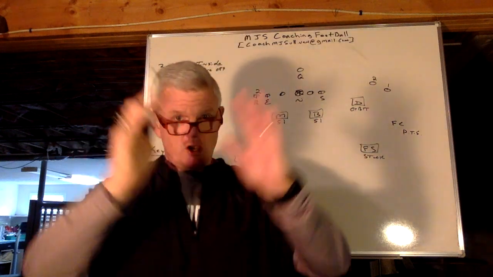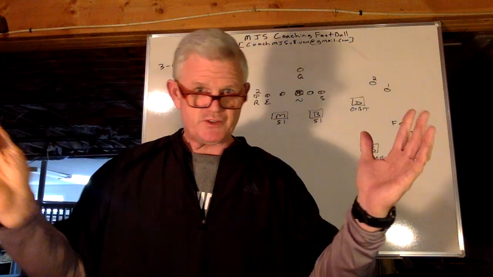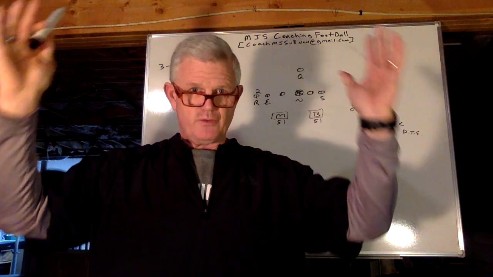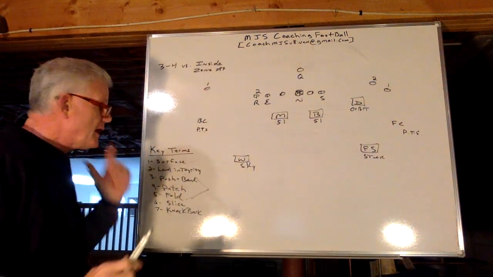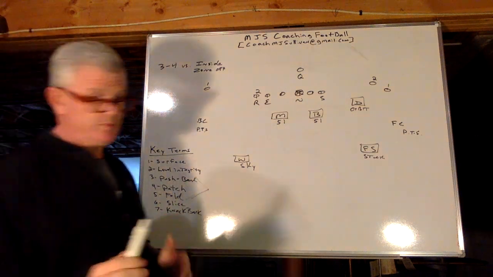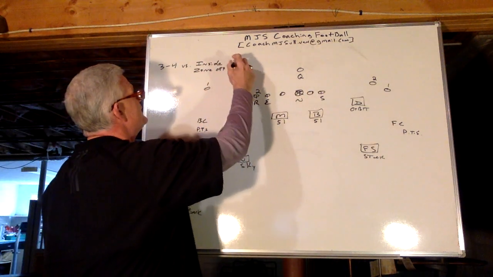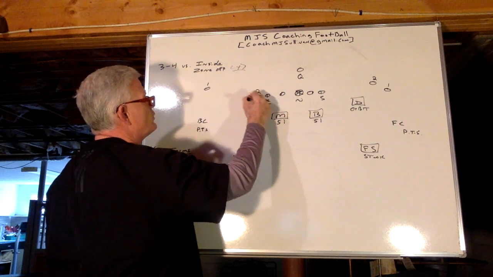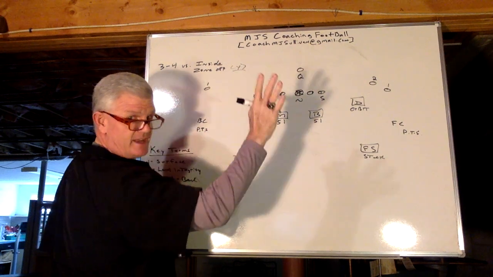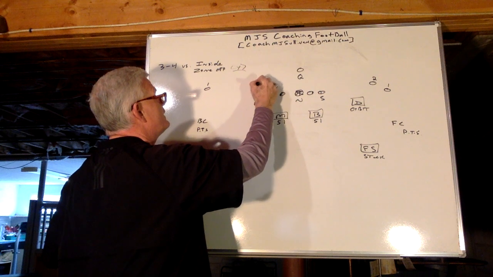This all makes sense once we put all the pieces of the puzzle together to create the finished picture. So what this is going to be is what we call inside zone Y. We designate the tight end as Y.